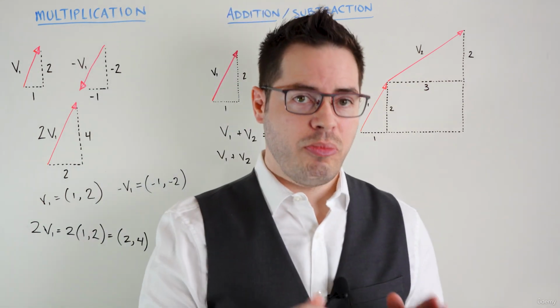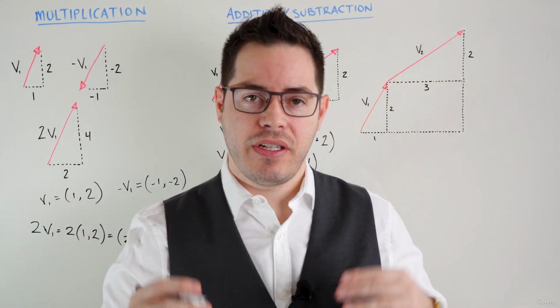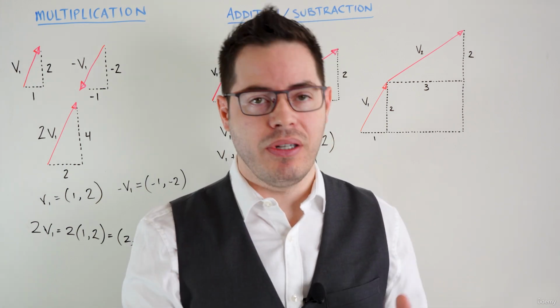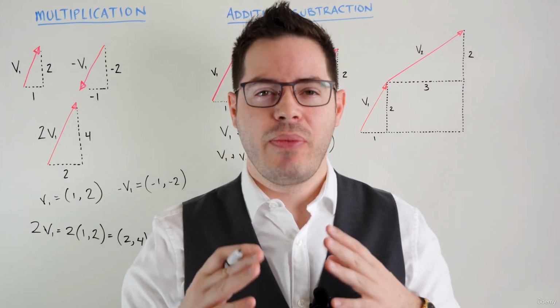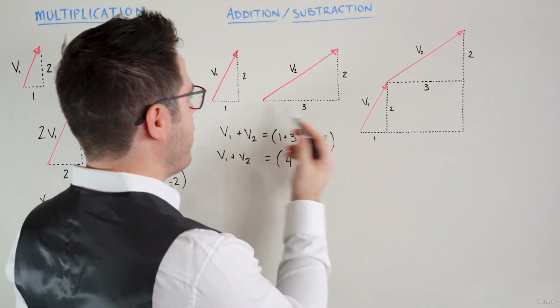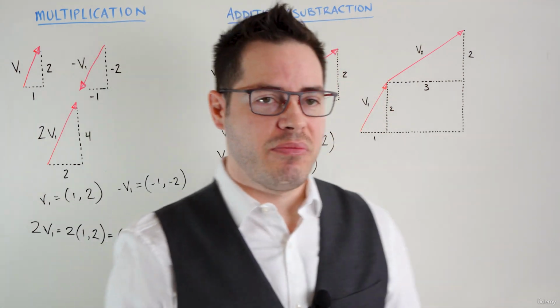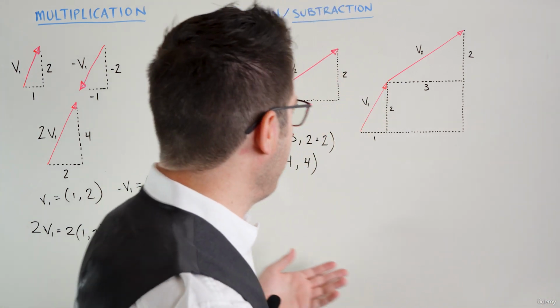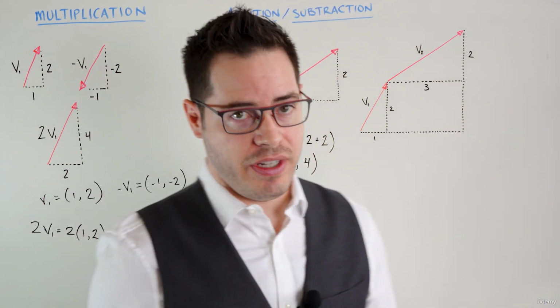We call this component-wise addition because we're taking the x components and adding them together, and we're taking the y components and adding those together. And we use the same process for a three-dimensional vector as well. If these vectors had z components, we would simply add the z components together to add the two vectors. Now let's talk about the geometrical significance of this.